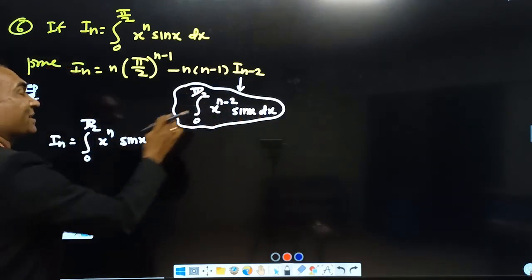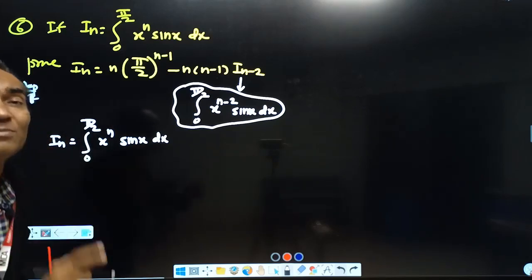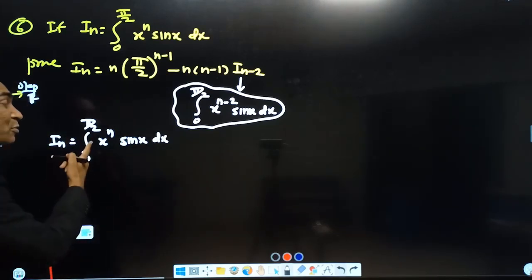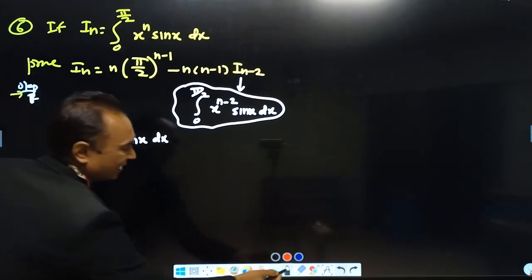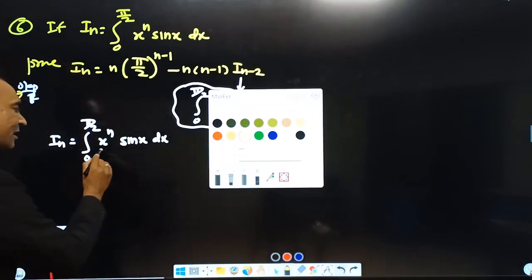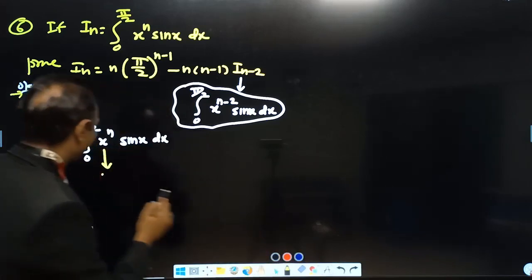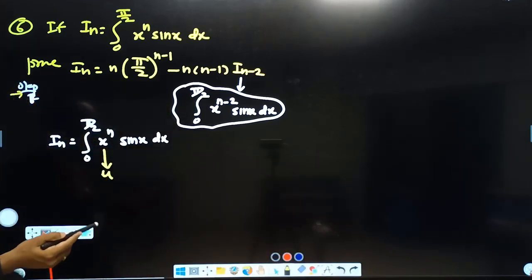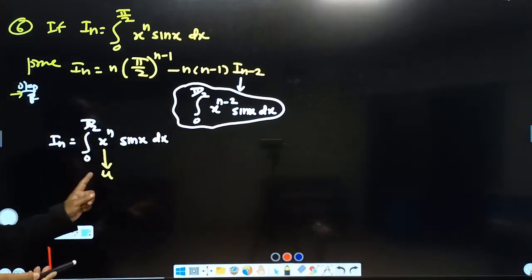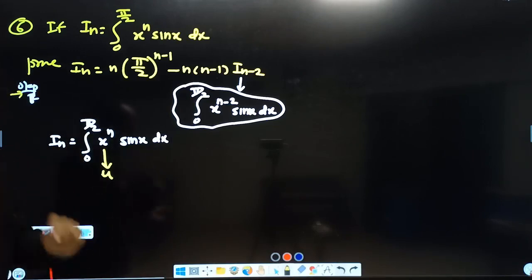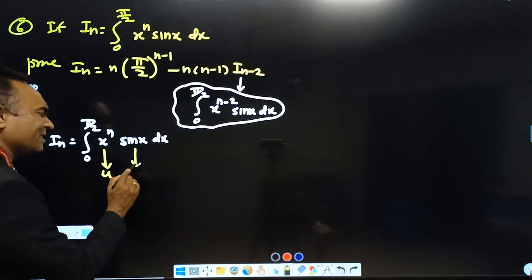Here the power of x decreases by 2, so we must take the derivative of this x raised to n two times. Take it as u, because we take the derivative of u. What is integration by parts? Where we take the derivative of u, each time we take a derivative we reduce the power of x by 1, and we take the second function as v.